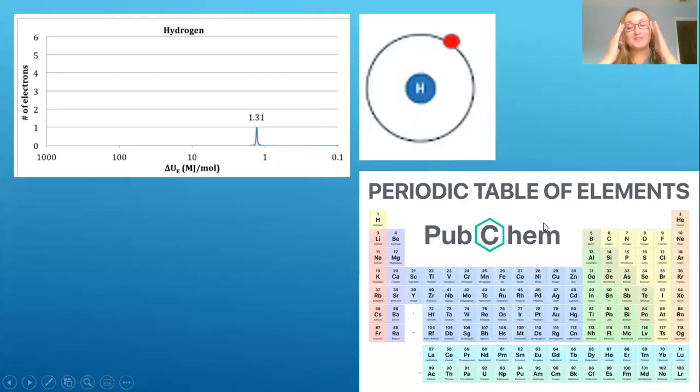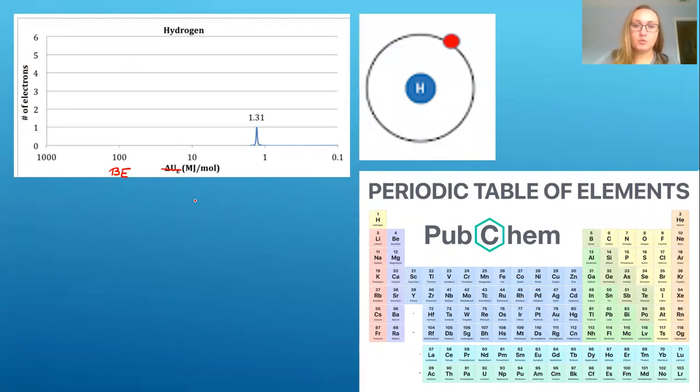Welcome back. So now we're going to dive into examining photoelectron spectra. We're going to start with the simplest element, hydrogen. 1 proton and 1 electron. Here's the photoelectron spectra for hydrogen. Now let's take a look at our axes. Our x-axis is our number of electrons. Our y-axis is our binding energy.